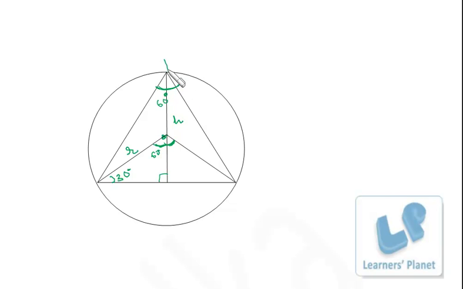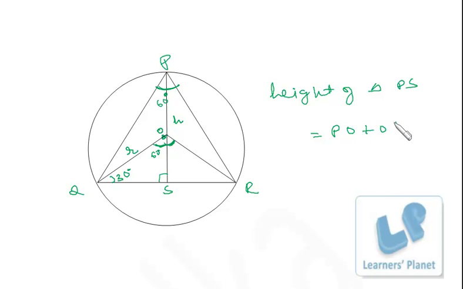So I just name P, Q, R, S. This is O. Height of the triangle is PS. That is actually PO plus OS. Now PO is nothing but the radius of the circle, and OS.